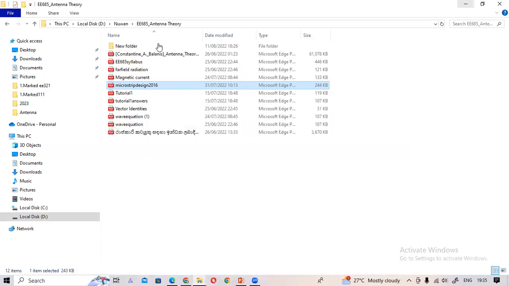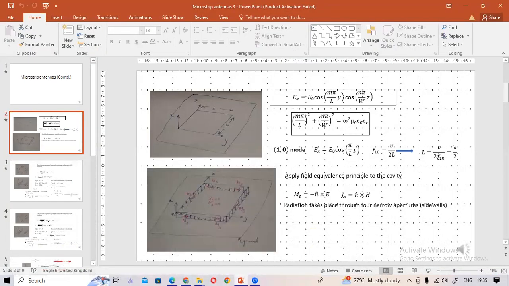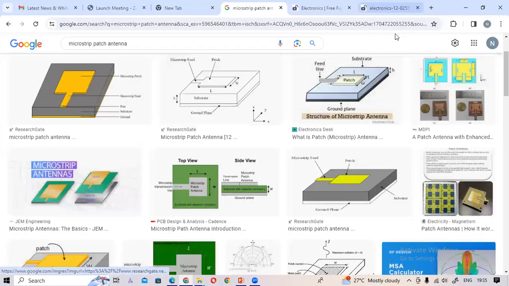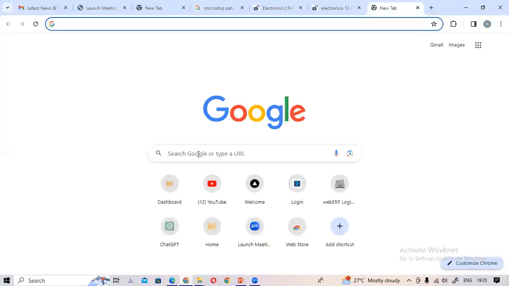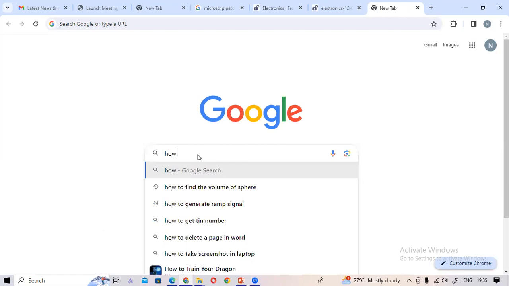The current distribution is somewhat hard here, but that current distribution can also be calculated using a technique. I can't remember that technique. Maybe if we type it in Google, we can find it. You can calculate this current distribution, but you have to use integration.